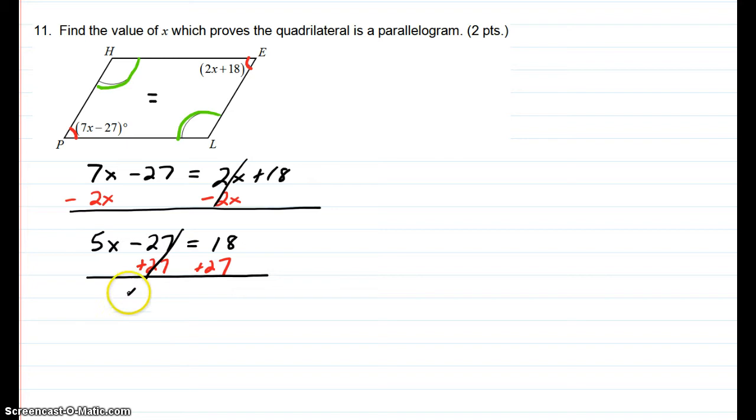And so now we have 5x equals 45. Divide both sides by 5. And we finish with x equals 9. So when x is 9, the angle P will equal angle E, thus making it a parallelogram.